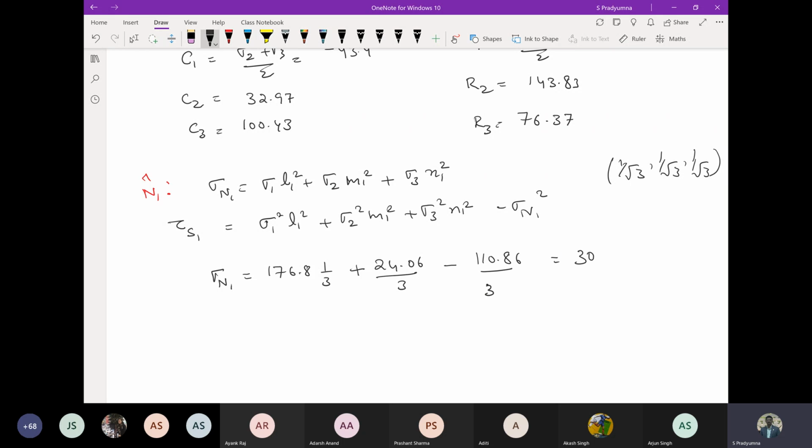That comes out to be equal to 30 megapascal. And tau S1, similarly, I can substitute here and find that it is equal to 117.51 megapascal.